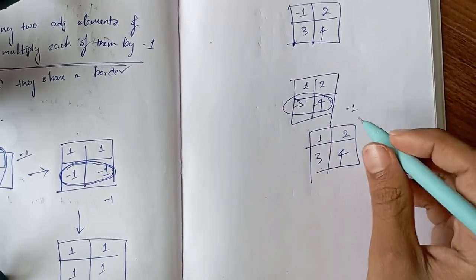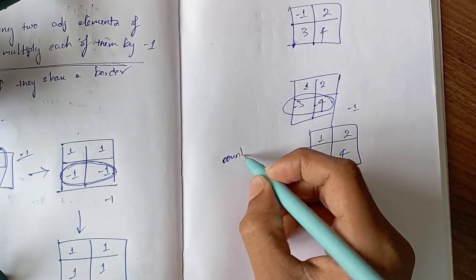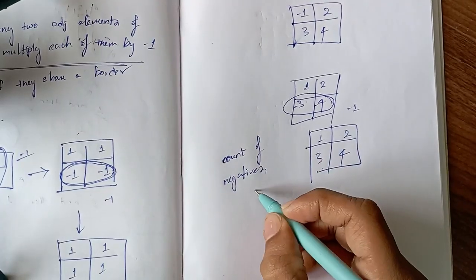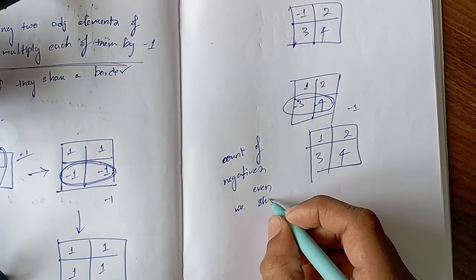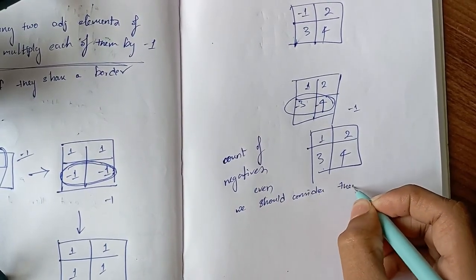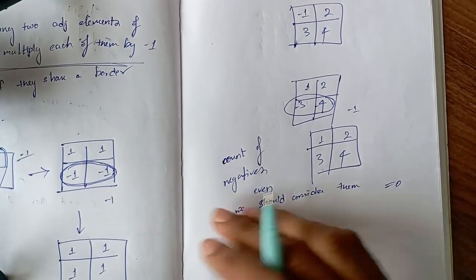So we can say that if the count of negatives is even, we should not consider them, as they can become positive. That means we can make them all positive.